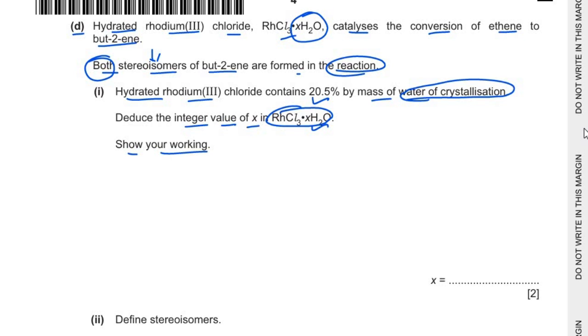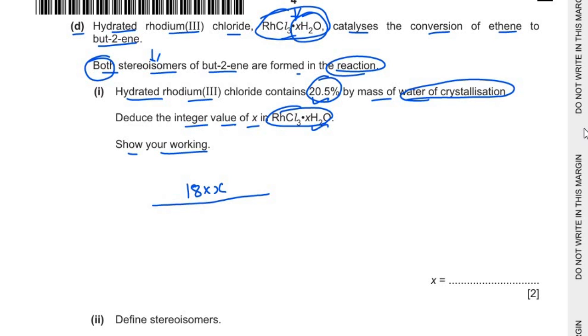Now show your working. It's given that the water part is 20.5%. So how are you going to show it? Only water is 20.5%. So what is the mass of the water? We don't know the value of x, but we know that the mass of water is 18. If there are x molecules of water, then 18 has to be multiplied by x. So we have 18 times x. Now divide by the total mass of the whole compound.